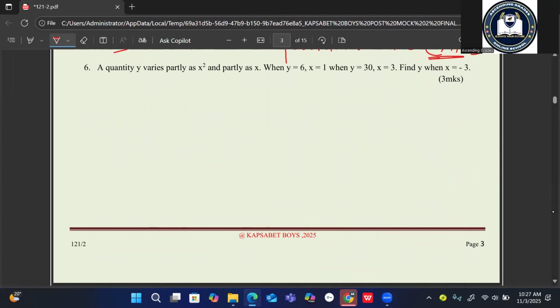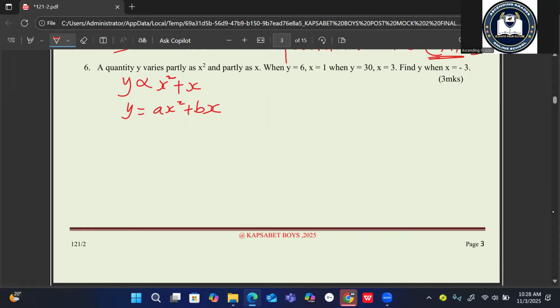So y varies partly as x squared, and so that one means plus, and x. So that is the information. So we have to introduce the constants a and b. So it will be y is equal to ax squared plus bx.